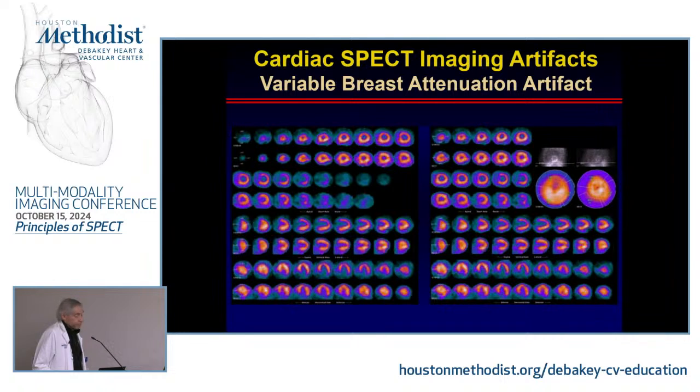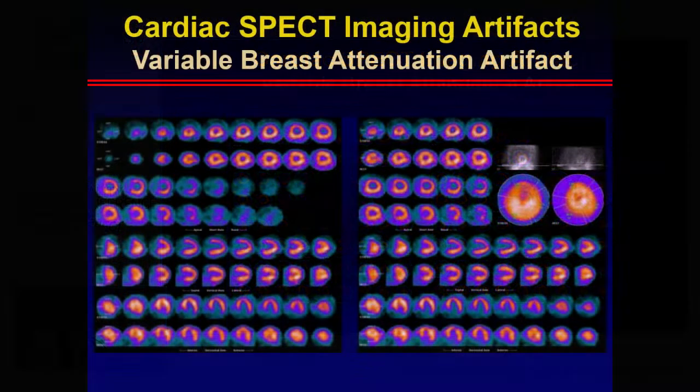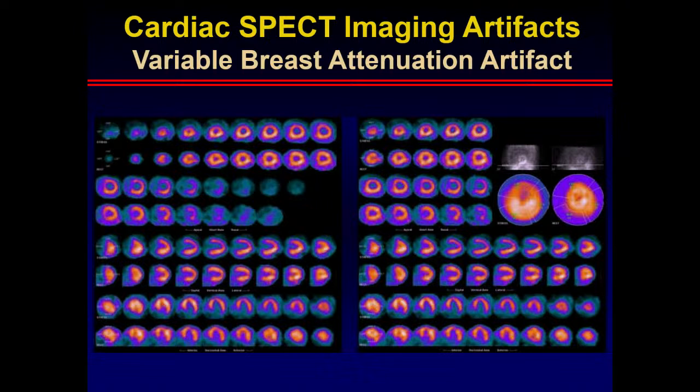And this is an example of a variable breast attenuation artifact where someone was imaged with the breasts in one position on the stress scan, and the breast covers the entire heart on the rest scan. And so it looks like there's a perfusion abnormality, but it's not really true. It's just attenuation artifacts. So it's really just important to keep that in mind.